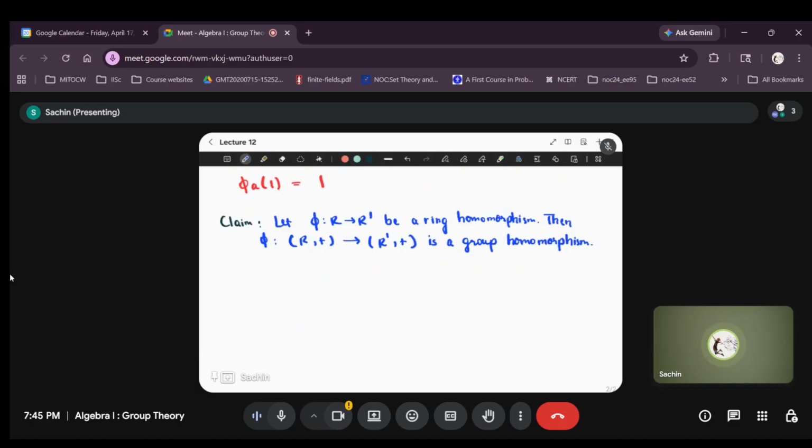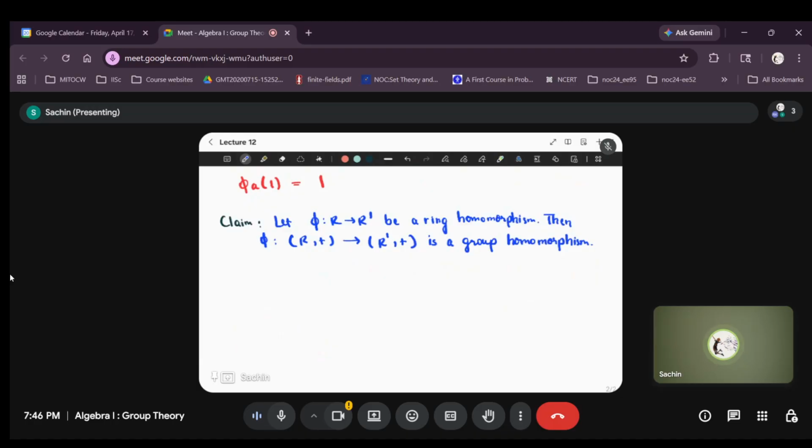This is straightforward, right? Because what does it mean for it to be a group homomorphism? It means phi of A plus B must be equal to phi of A plus phi of B. But that is one of the conditions for it to be a ring homomorphism.